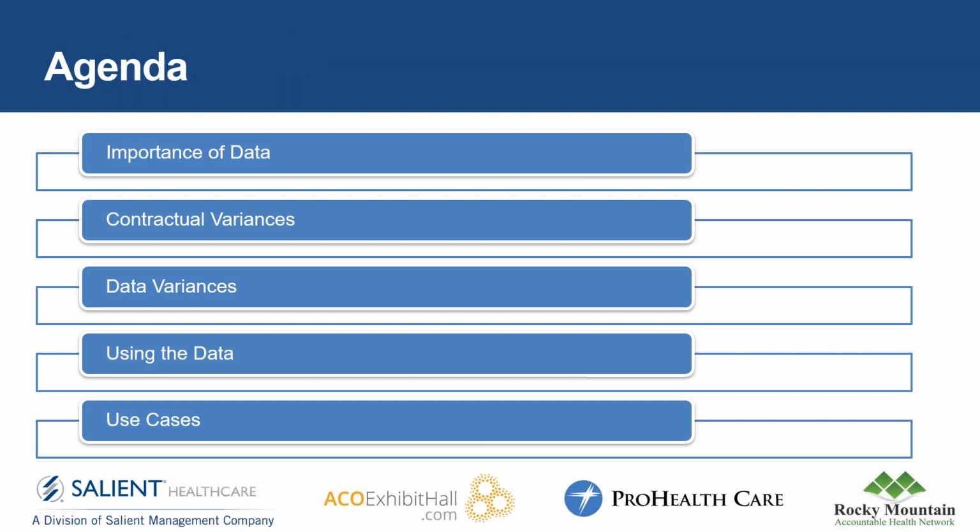Okay, thank you, Garrett. And hello, everybody. I'm Ryan Mackman. As Garrett said, I'm a business consultant with Salient Healthcare, and I'm really excited to present here via ACO Exhibit Hall. I hope that you'll both enjoy and find a lot of value in what we're talking about today. So managing performance across payers was put together because we know that as organizations take on more value-based contracts, we understand how difficult it is to manage each of those contractual and data variances.